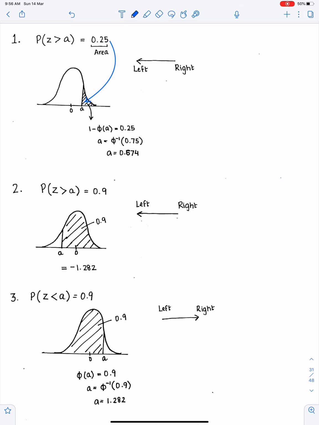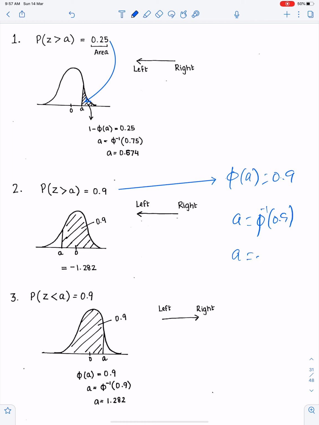Let me write this calculation of the table. This will become phi A is 0.9, so A is phi inverse 0.9. Since A is negative, I have to write the negative value, because A is negative.